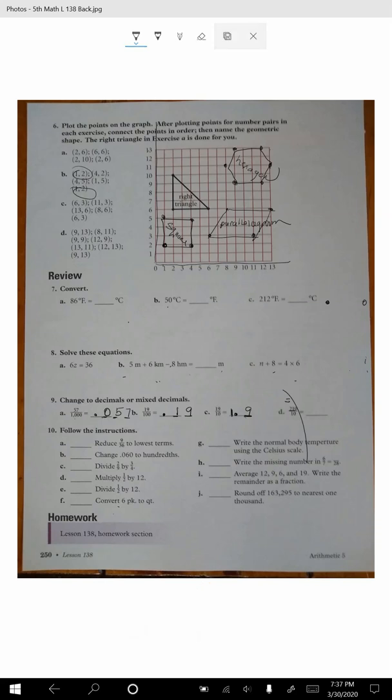And then 210 tenths. Once again, if you have something in tenths, it's only 1 number after the decimal. 210 has 3 numbers, so 2 of them will go on this side, and 1 of them goes over on this side. I think I'm going to quit there.